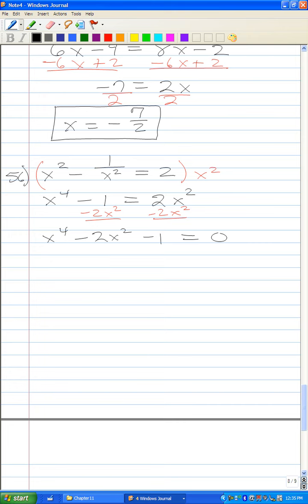And so let me use the quadratic formula. This is quadratic in x squared, so my variable of which this equation is quadratic is x squared.